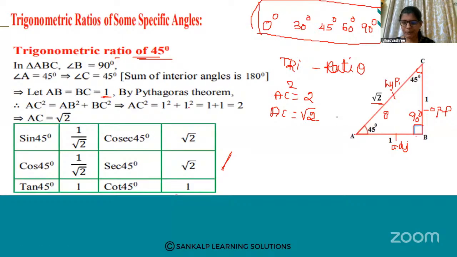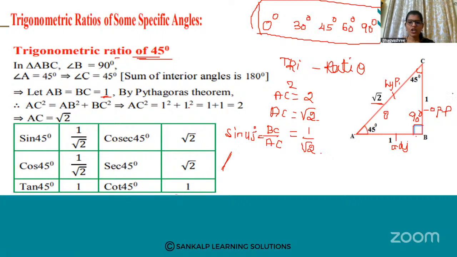Opposite side is BC, hypotenuse is AC. So sine 45 degree is equal to BC value 1 and AC value root 2. So dear children, remember, sine 45 degree is equal to 1 by root 2.